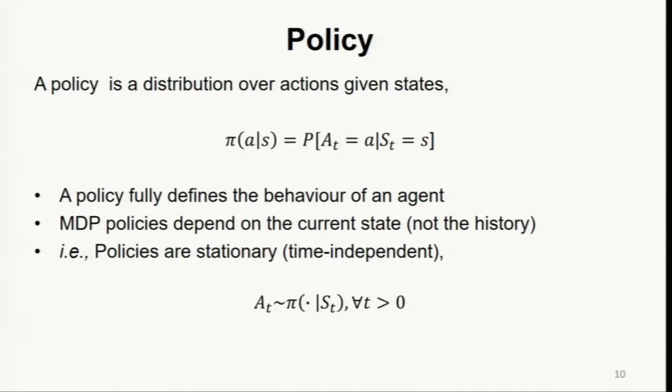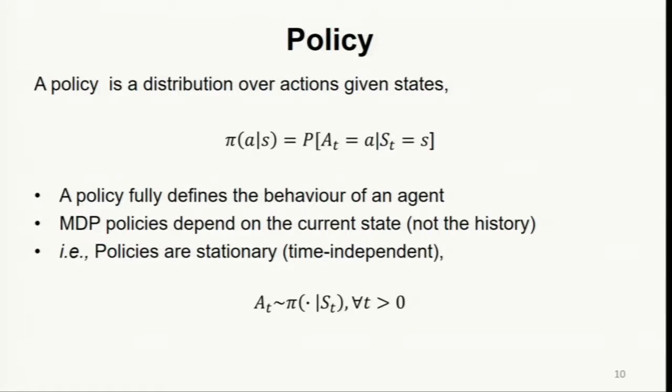MDP policies depend on the current state, not the history. So policies are stationary, time independent. Some of you came to my office to talk about time-dependent policy. Actually, the decision you are going to make depends on the time. But you may reformulate the problem.